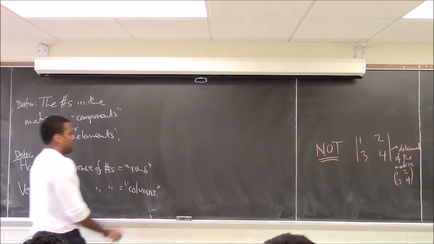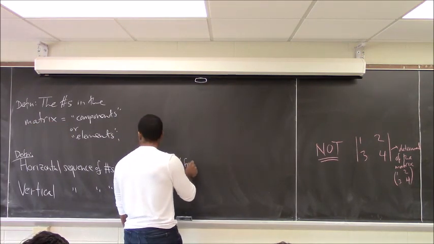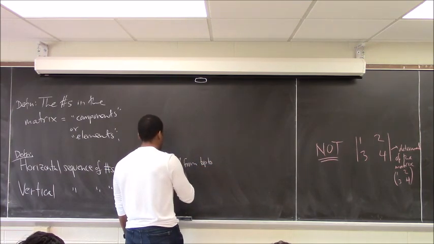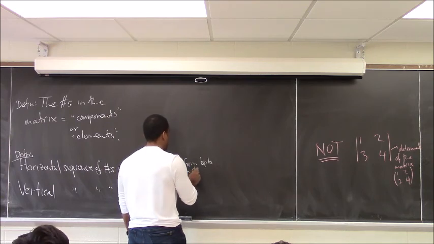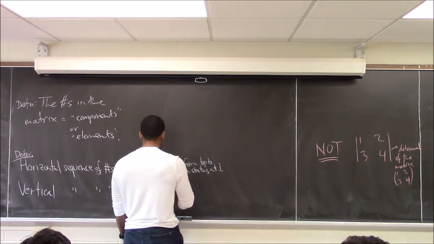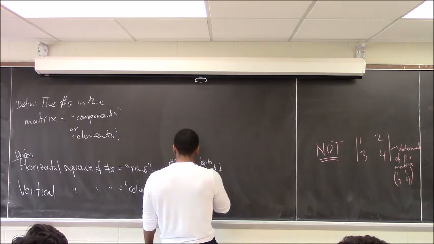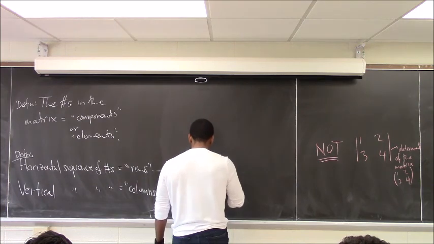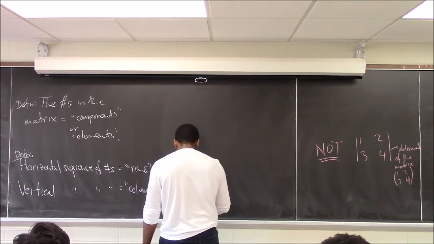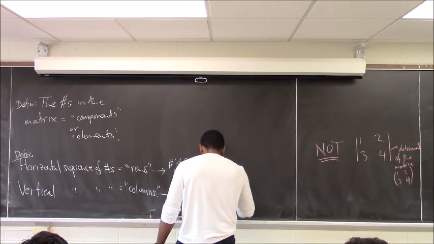And rows are numbered from top to bottom, starting at 1, and columns are numbered from left to right, also starting at 1.